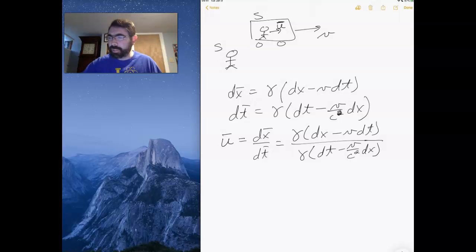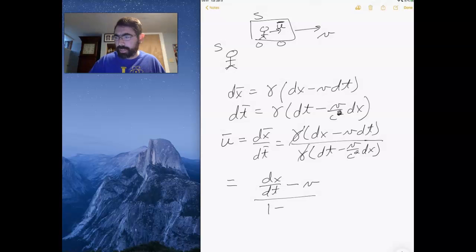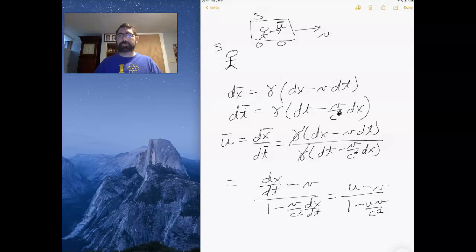And so the gammas cancel. If I now factor out a dt, or essentially make this dx/dt minus v over 1 minus v over c squared dx/dt, then what I have now is (u minus v) over (1 minus u v over c squared).